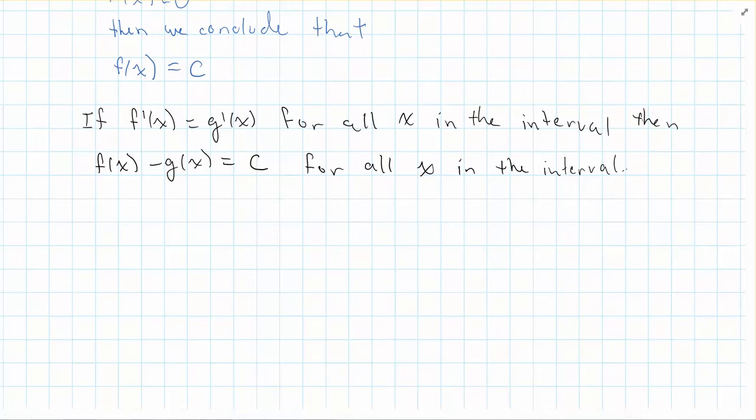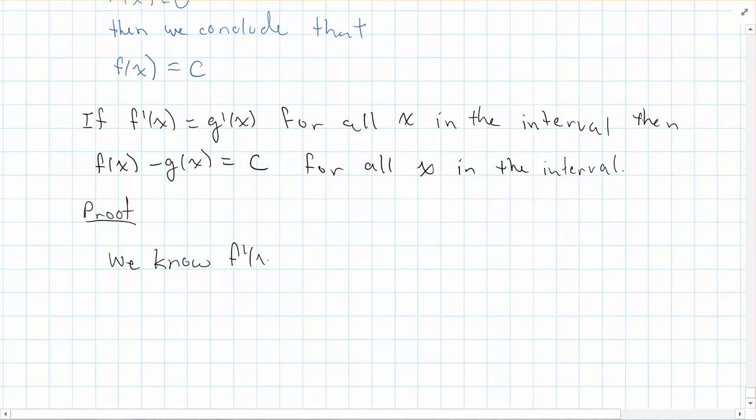Well, this is actually really easy to prove. This isn't going to show up on the exam. The proof of this is fairly simple. We know f prime of x is equal to g prime of x, so f prime of x minus g prime of x equals 0.